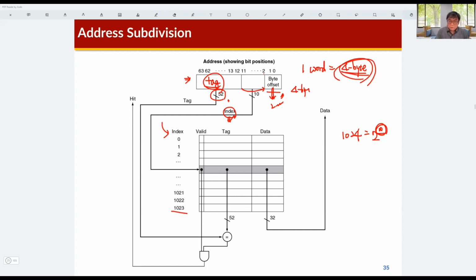So in this example, bit numbers 63 to 12 are used as the tag. So this part is stored in the cache as the tag. Okay.